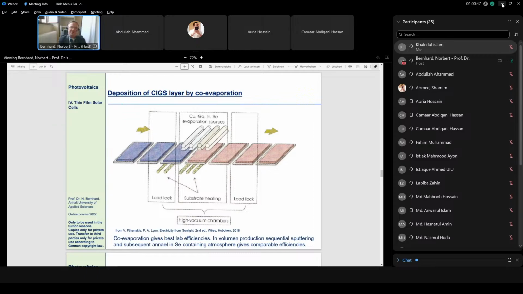The B usually is lead, but lead again has a problem that it's poisonous, and therefore people work also on replacement of lead by tin. And the X is a halogen, can be either iodine, bromine, chlorine. Okay, in the A, as I said, it can even be alternatively cesium. Okay, this is what a perovskite is.